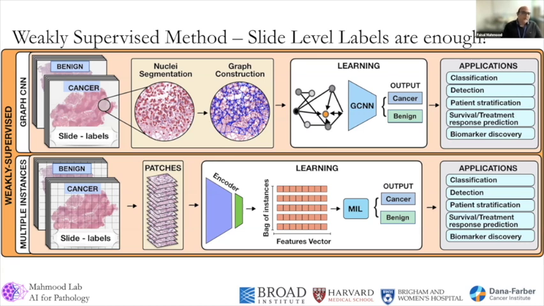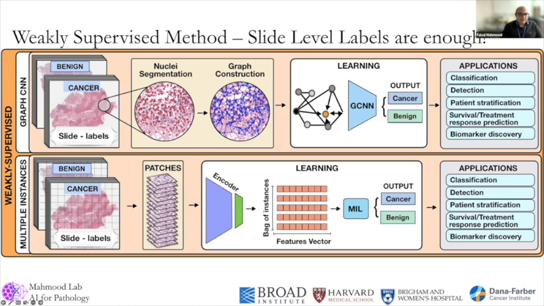So if we were to use these very large gigapixel images and just the label that's in the report, that would make our lives as computer scientists working on this much easier, because they would not require annotations, but they would also open up a whole range of applications that these methods could be applied to at scale.